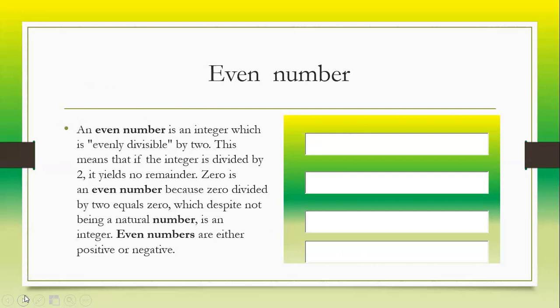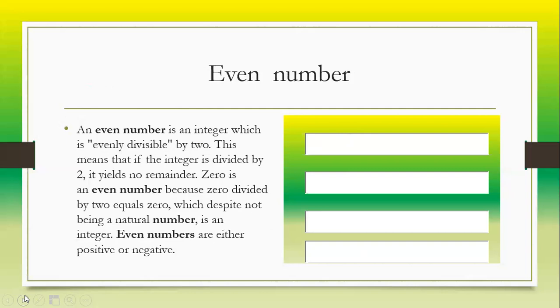Even numbers are either positive or negative. They can have negative even numbers and positive. Can somebody give me a negative even number? Negative 2. Good. Anybody can give me a next negative even number? Negative 10. Good.